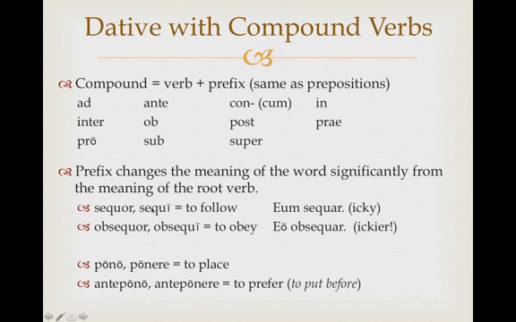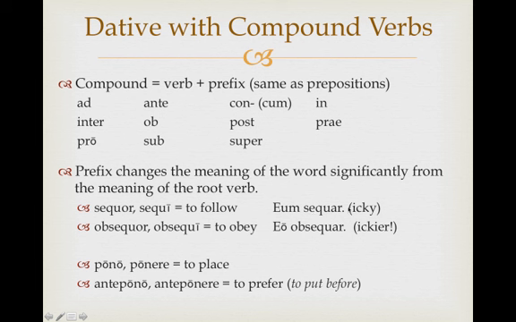Okay, so sequor, sequi means to follow, but if you put the ob on there, you get obsequor, obsequi, it changes it to obey, which is a significant change, which means if you want to translate sequor eam, well, sequor takes an accusative: I will follow her.